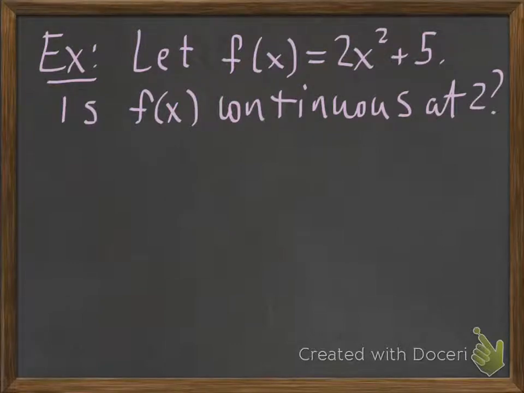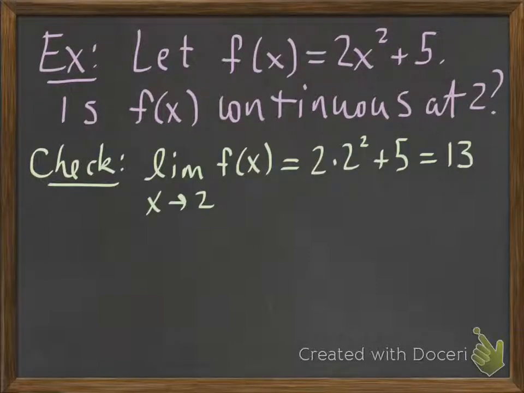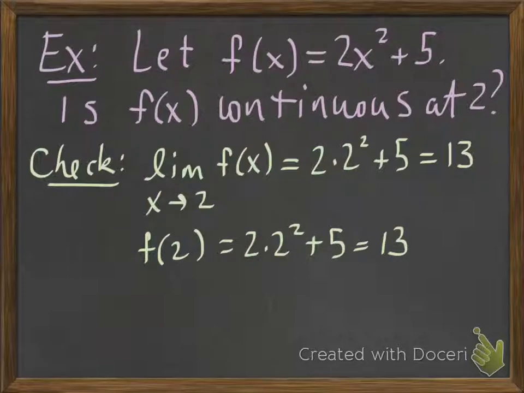So let's do a couple of examples. Let f of x equal 2x squared plus 5, and I'd like to know, is f of x continuous at 2? So I'm going to check all three criteria. First, does the limit exist? Well, yes, I can calculate it. The limit as x goes to 2 of f of x is 13. What is f of 2? Does it exist? f of 2, again, I can calculate it.